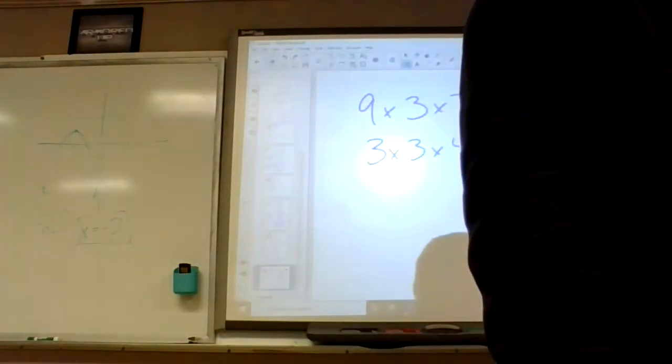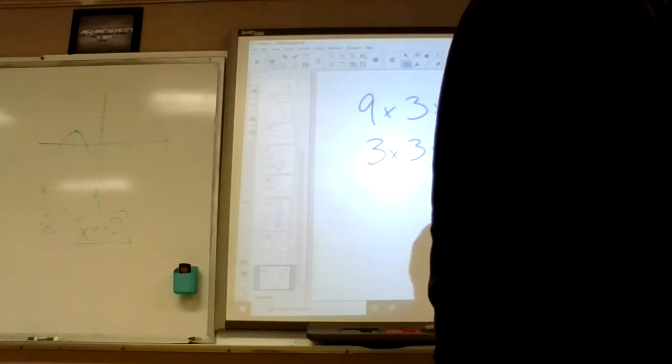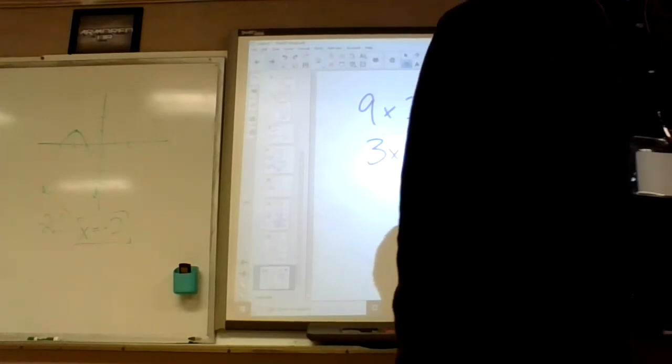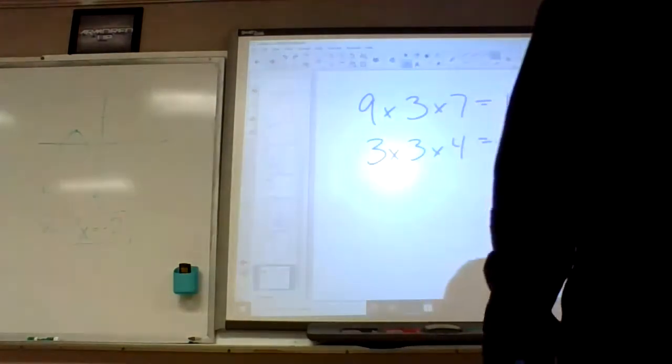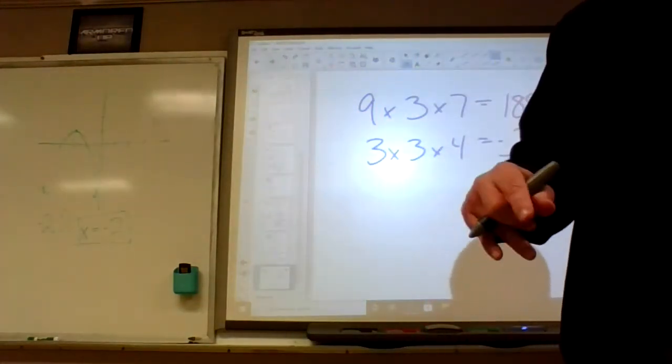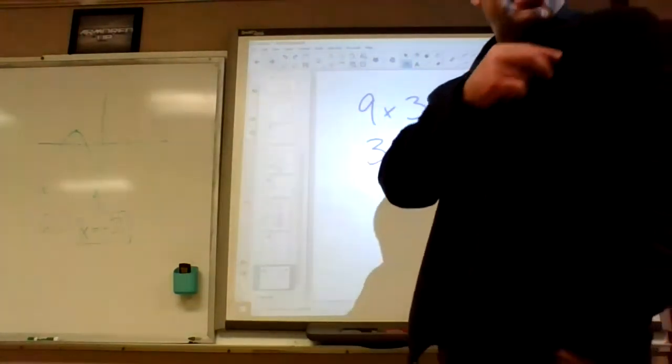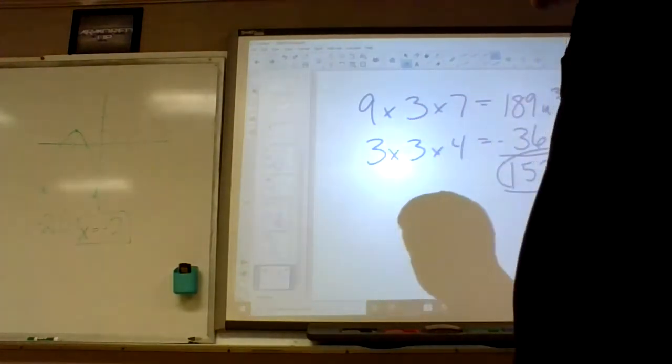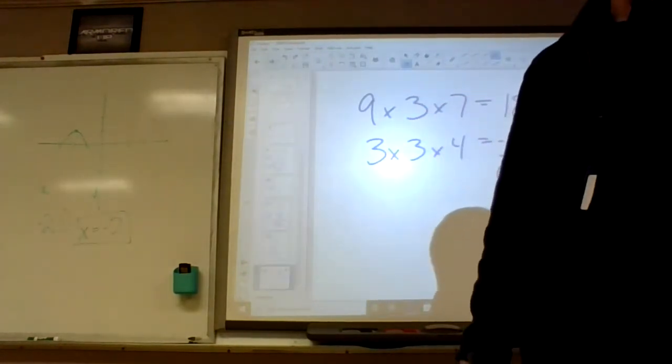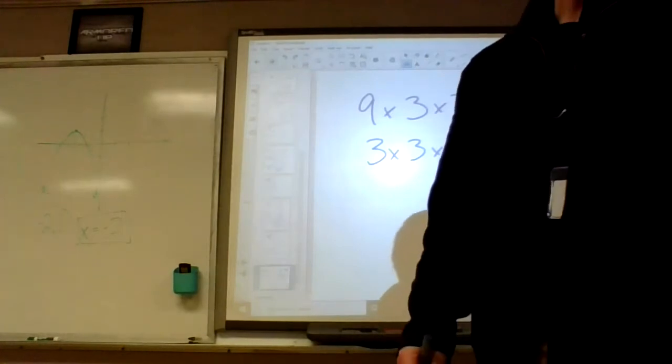Okay, number 15. Find the volume of a cube with diagonal x. Sorry, I said cone. Oh boy. We kind of did this on number 9, right?